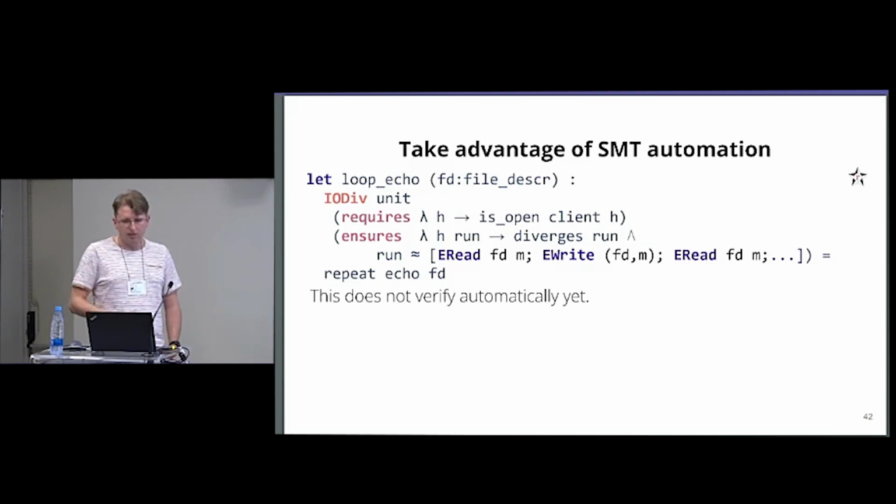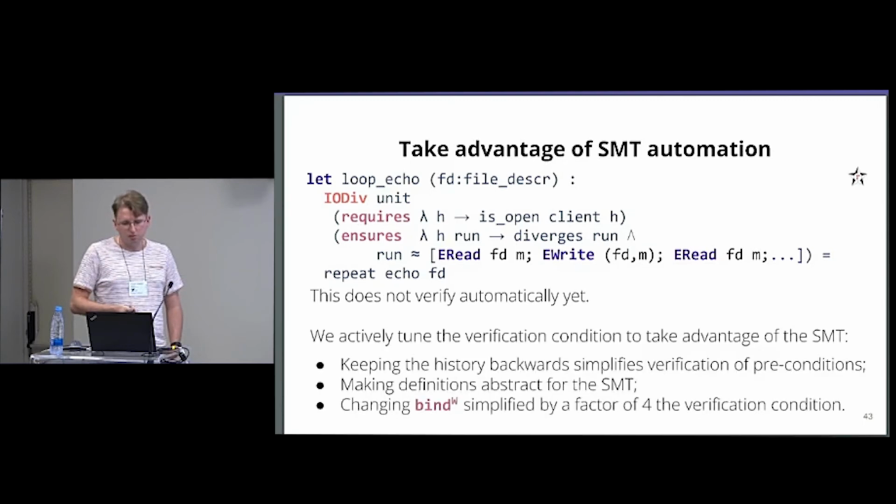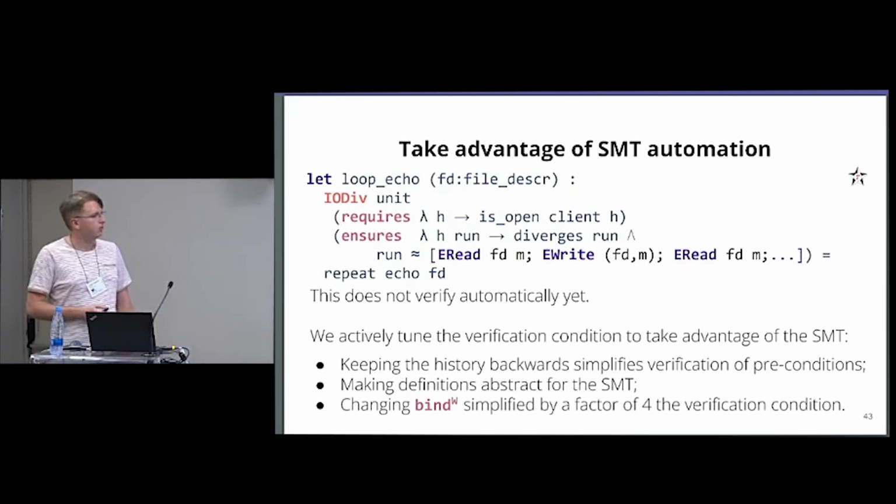And this brings us to another point, that the verification condition must be tuned for the SMT. Some of the things we've done is that, for example, keeping the history backward simplifies the verification of preconditions, because it's much easier for the SMT to look at the first event on the trace than to process it completely.